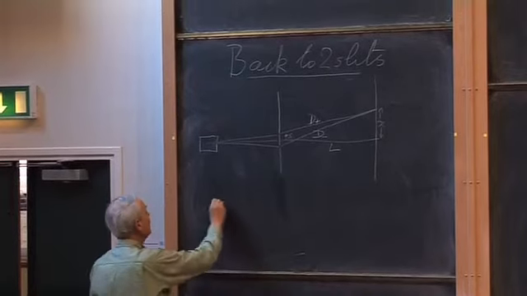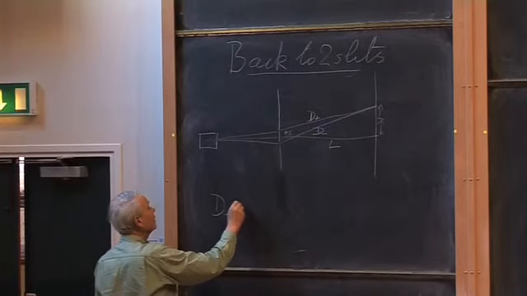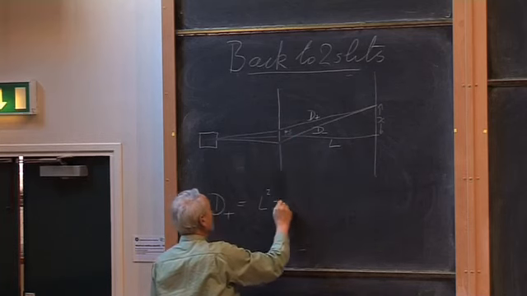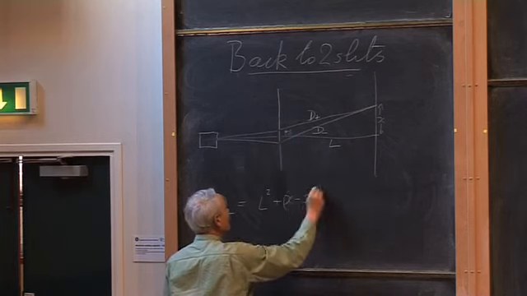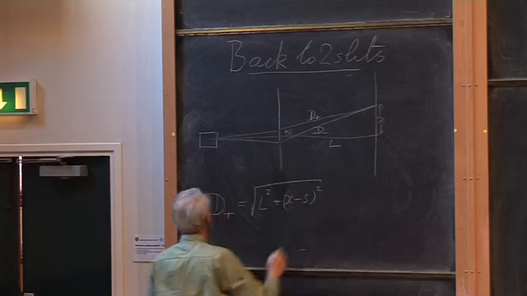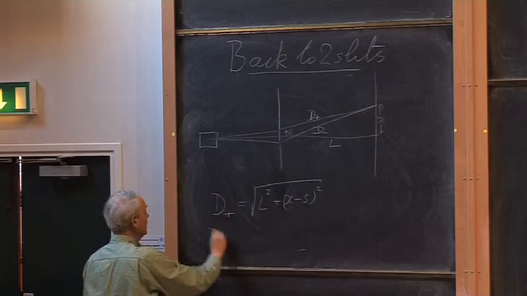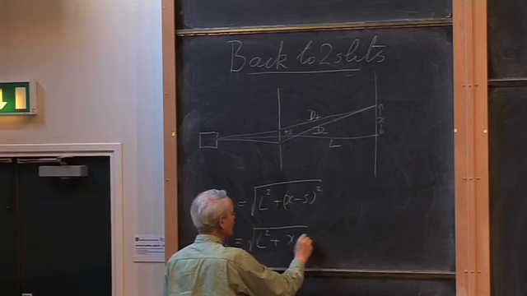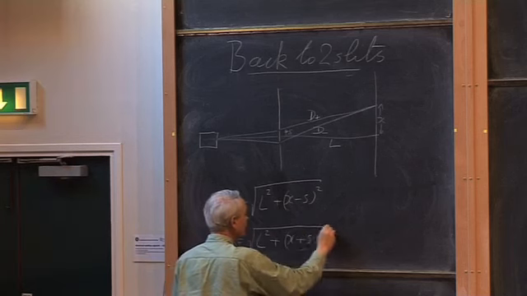Then by Pythagoras' theorem, d plus is going to be the square root of L squared plus (x minus s) squared, and correspondingly d minus is going to be the square root of L squared plus (x plus s) squared.